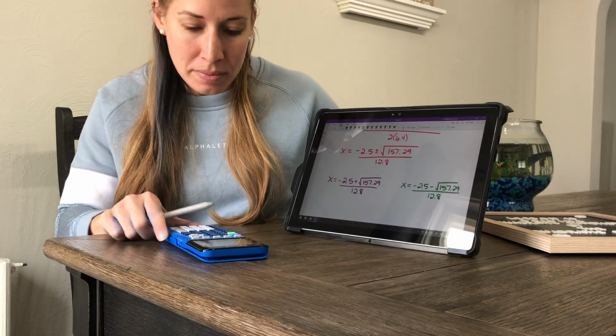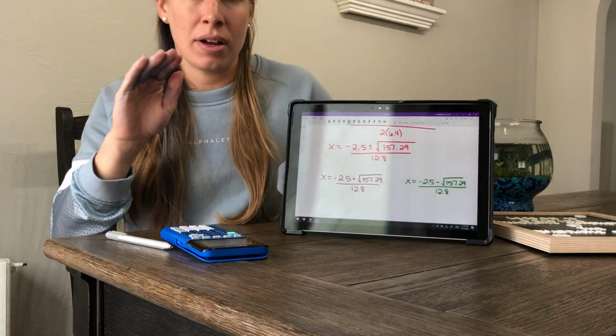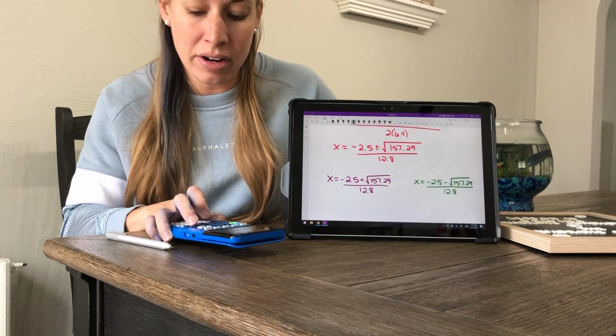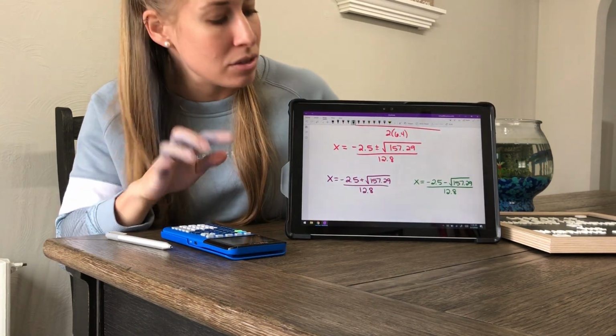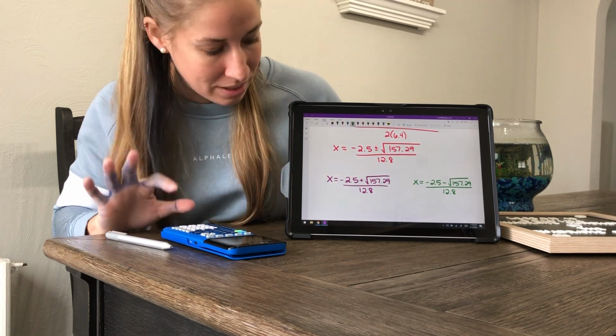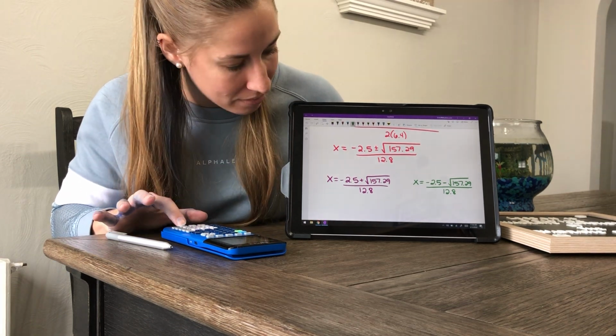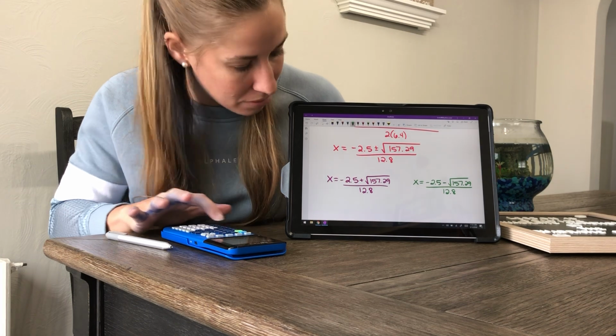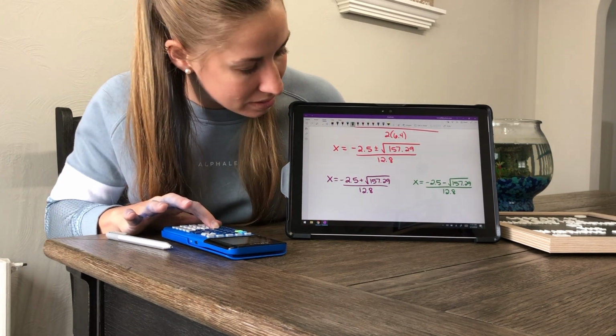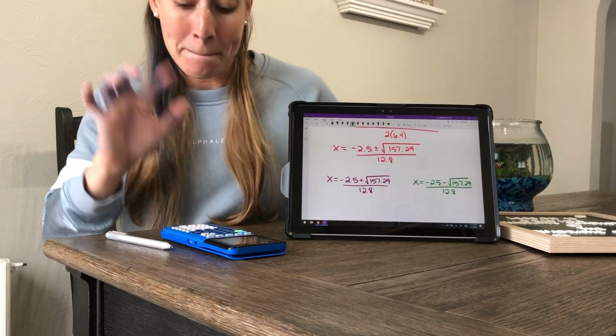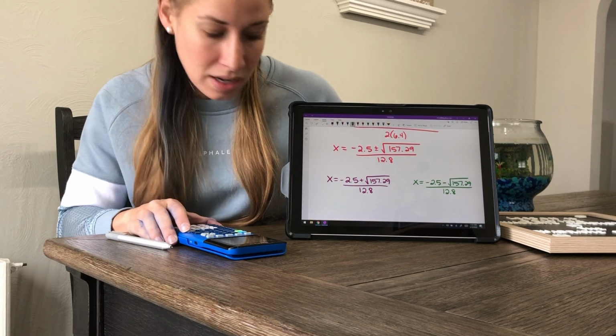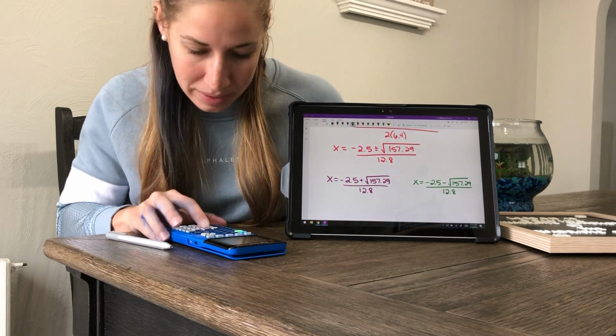Calculator. If you do not do the fraction function on your calculator, just do it in parentheses. So your numerator, parenthesis, negative 2.5 plus the square root of 157.29, parenthesis, divided by 12.8.